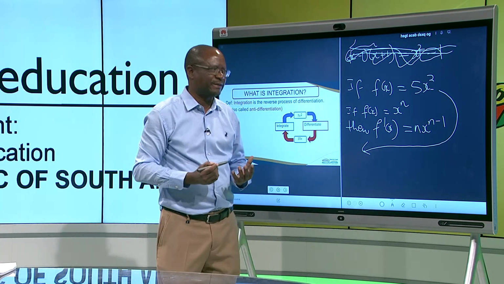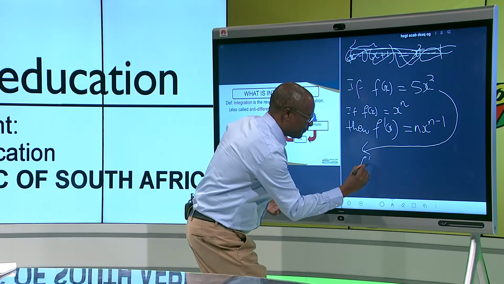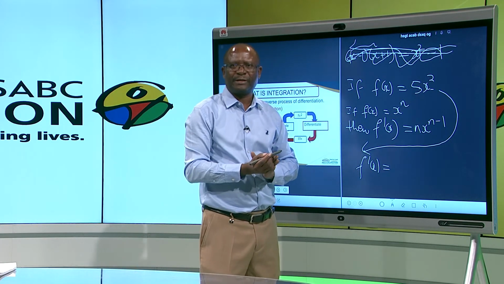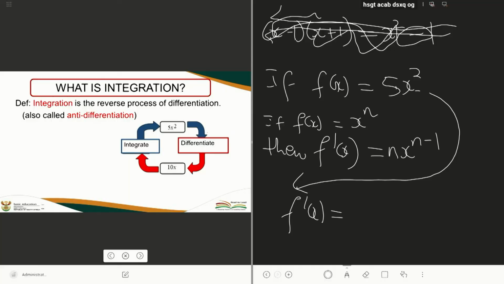What would be our derivative there? Our derivative will be equal to, we have this 5, which is a constant. You leave that constant as it is, multiplied by, focus on the exponential form. If we are to apply this rule, now it means our power there is 2.